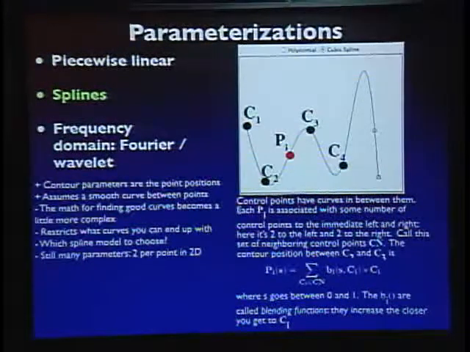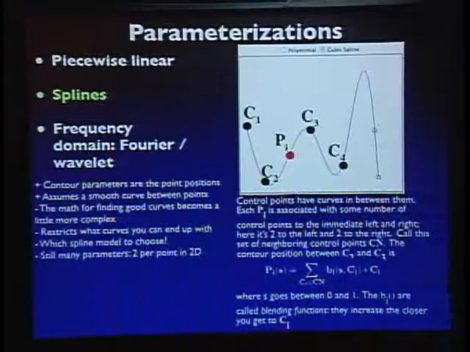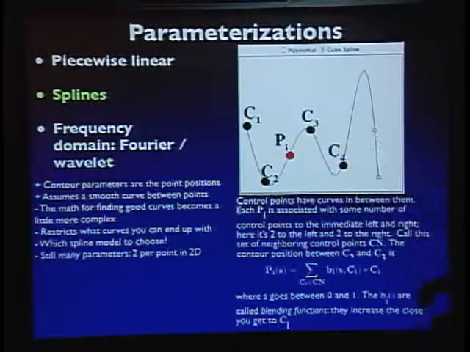The next most complicated thing is to use what's called splines, where instead of simply connecting the adjacent control points together with a straight line, you can think of the obvious generalization of connecting them together with a not straight line. So again, the contour parameters are these point positions, C1, C2, C3, C4, and so on.